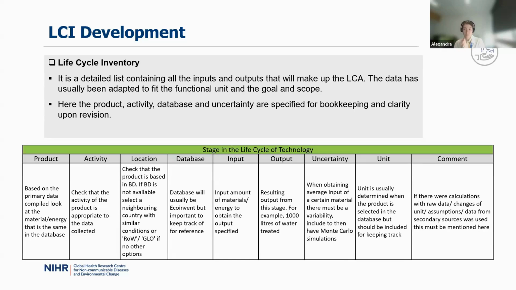Because in my opinion, especially when you're going from primary raw data, having a good LCI is the most important step to make your life cycle assessment simulation easier for you to follow, and then also for sense checking what you have done. That is going to be most important.